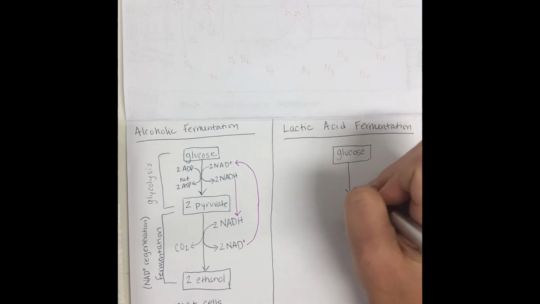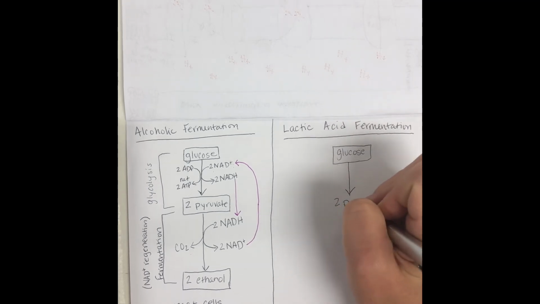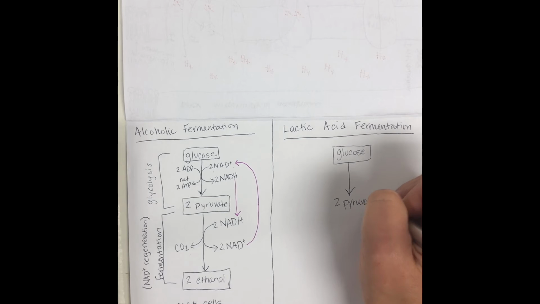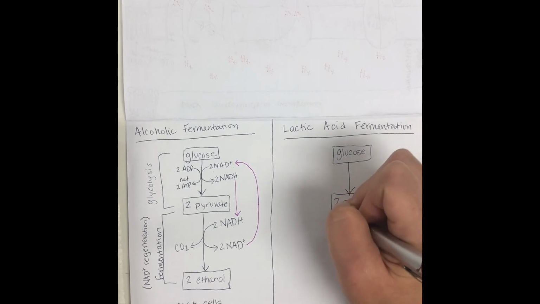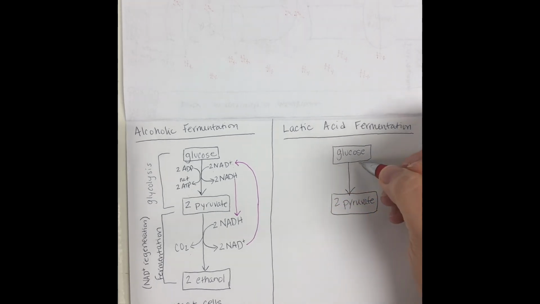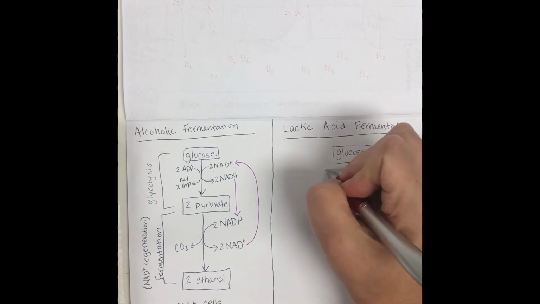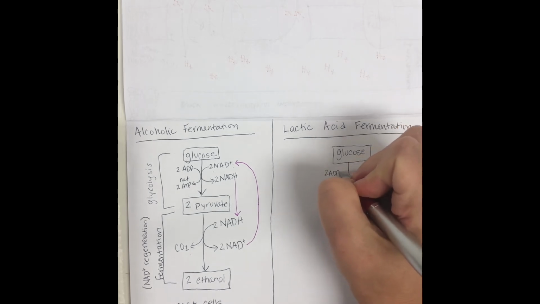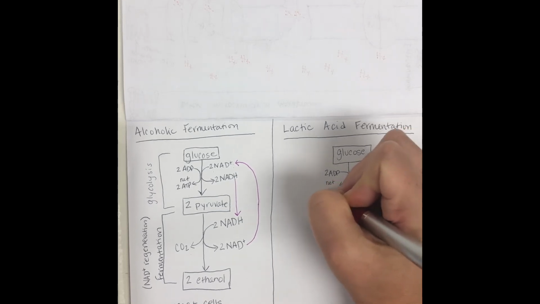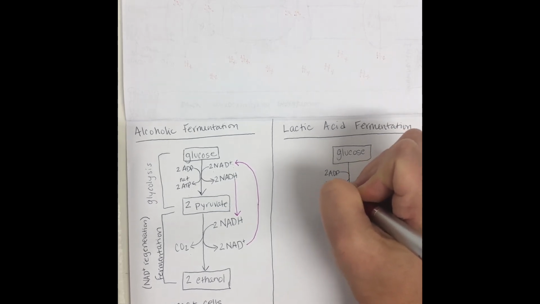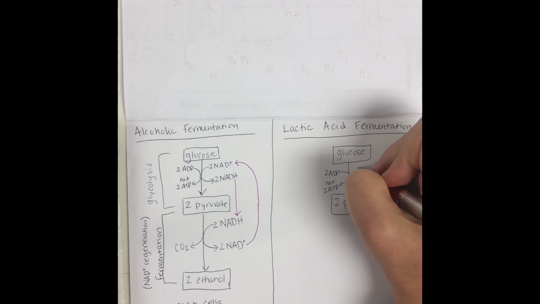We're going to go to pyruvates. In the process of going from glucose to 2-pyruvates, we're going to take 2-ADP. We're going to make a net of 2-ATP, and we're going to make 2 NADHs.